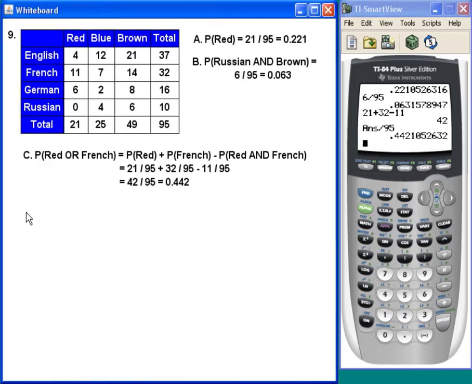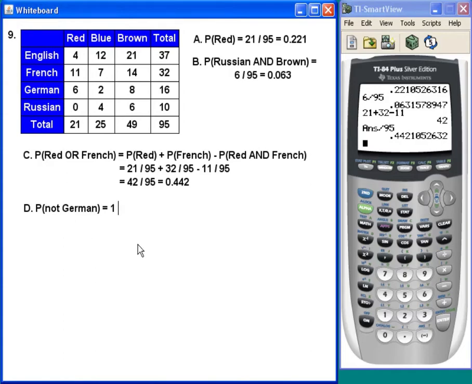Okay, part D. The probability that the book is not written by a German. Well, there's always more than one way to come up with a not probability. If it's not a German author, then we could just add up all the English, French, and Russian authors. That would be fine.